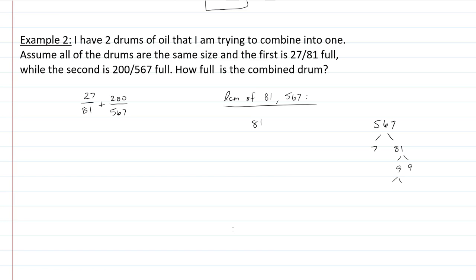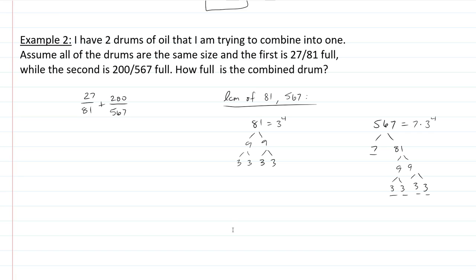And 9 is 3 times 3. So if we count the lowest most rungs, 567 is actually 7 times 3 to the 4th. 81 is 9 times 9, and 9 is 3 times 3. So 81 actually equals 3 to the 4th.